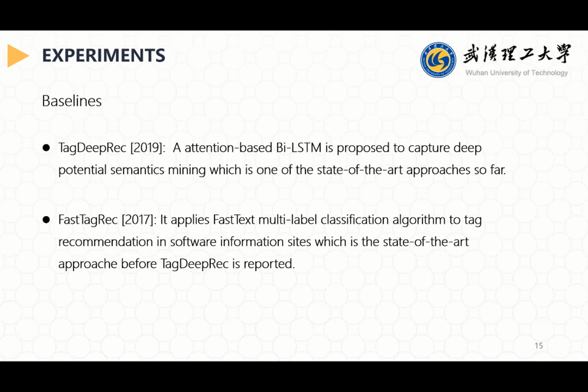FastTagRec: it applies the fastText multi-label classification method to tag recommendation in software information sites, which is the state-of-the-art approach before TagDeepRec was reported.